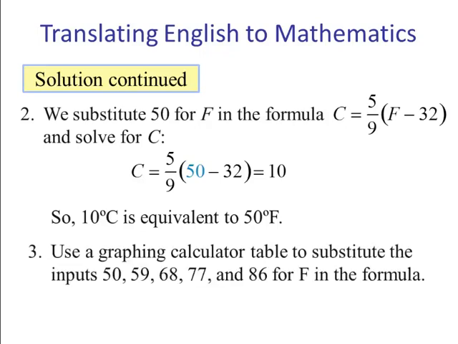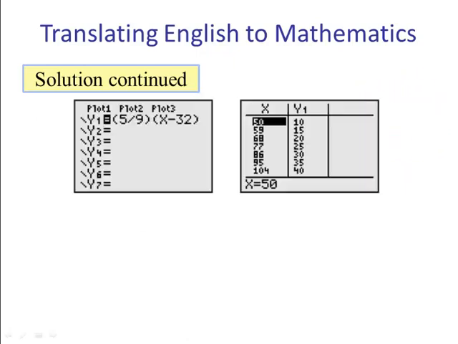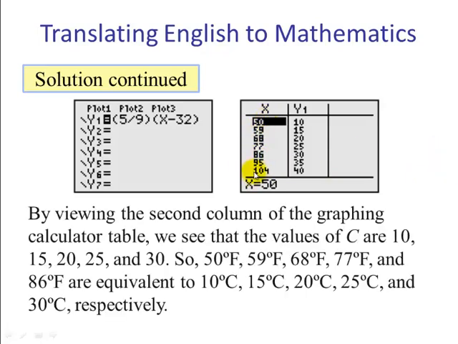Number 3, if we put this expression into our y equals 5/9 times x minus 32, and use the table feature, we can see the values of the corresponding temperatures. So x would be our Fahrenheit, and then y1 would be our corresponding values of C.